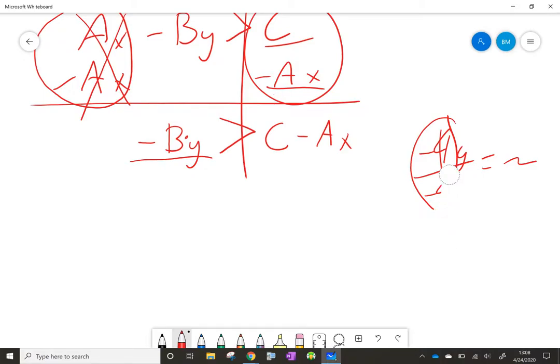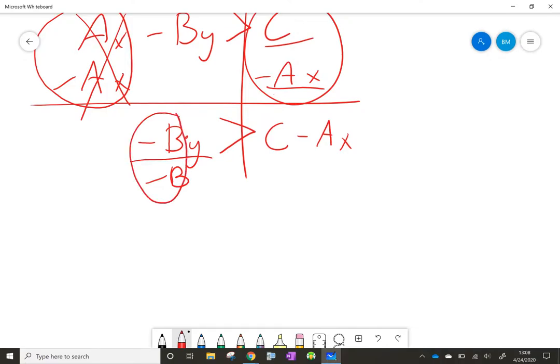So if I divide by negative b, negative b divided by negative b becomes a 1y. The y is left there, of course. So I have to divide the other side by negative b too, because if I divide this side by negative b, I have to divide that side by negative b. And what that leaves us is 1y, which is the same as just regular y.